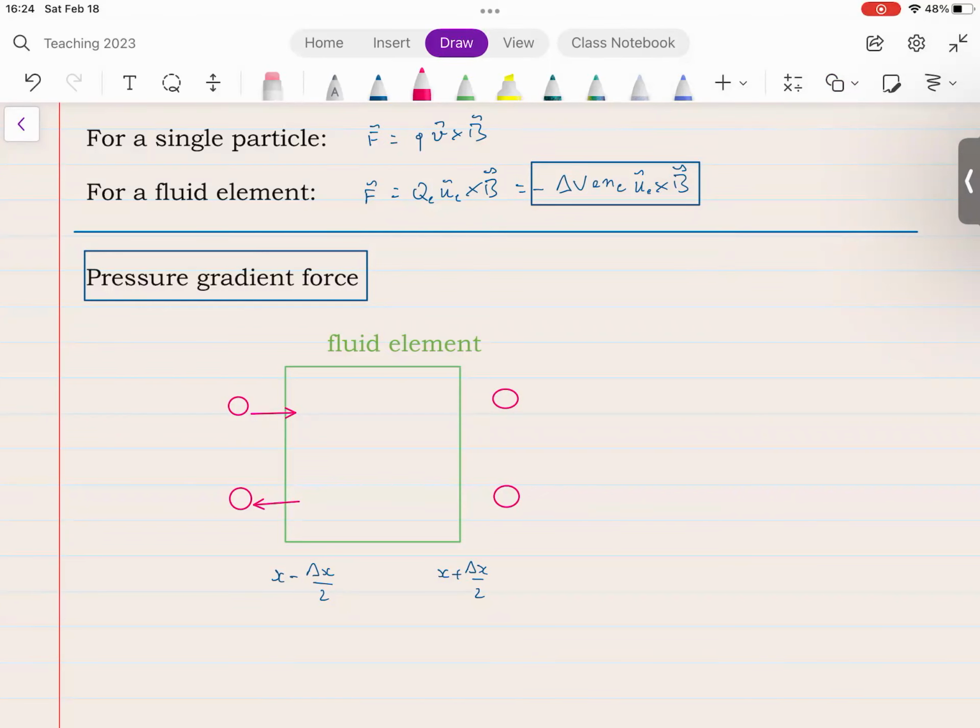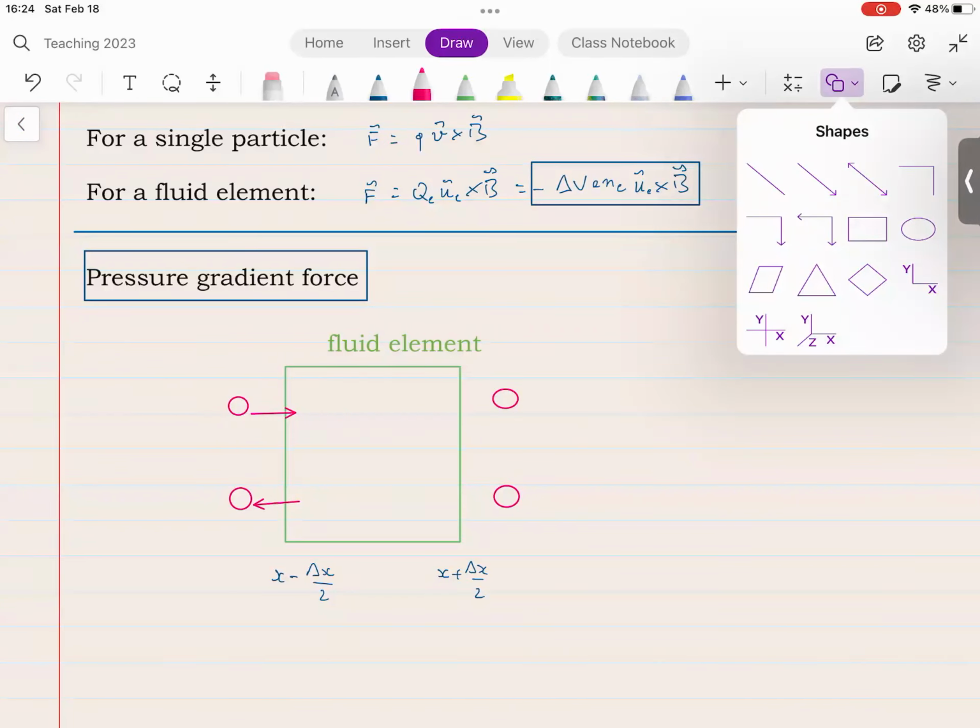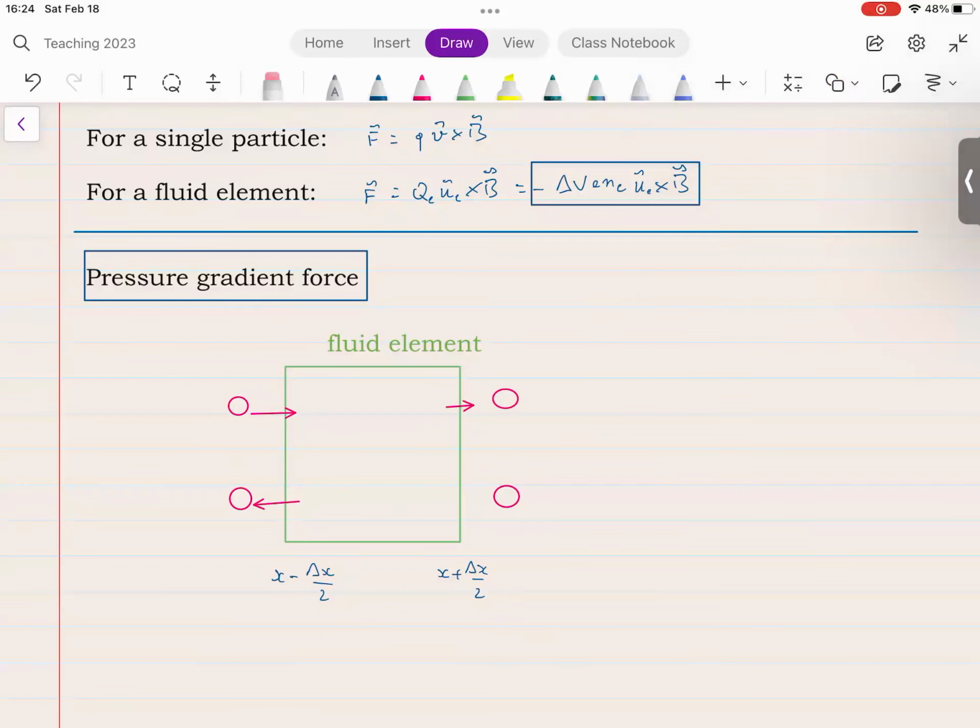And these lines are supposed to be perpendicular to the surface of the box. And same thing here. Clearly not very good at this, if you hadn't figured that out yet.